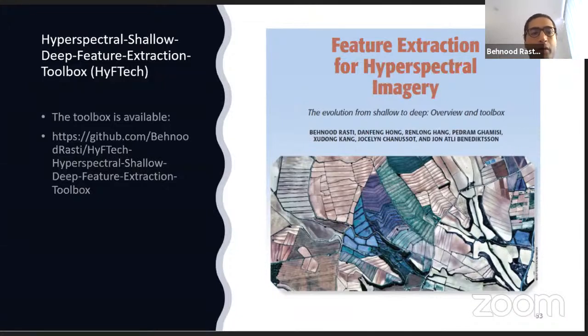The deep learning part is based on PyTorch, and I think you need a GPU. I don't think we provided a CPU option for it. Unfortunately, if you don't have a GPU, you might not be able to run the deep feature extraction techniques. The shallow ones are based on MATLAB, so you need to have MATLAB.